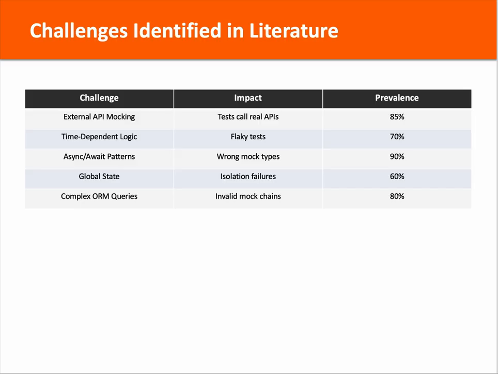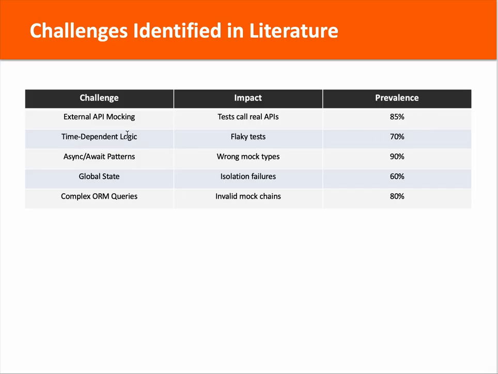The table you see here shows that the literature identifies specific challenges. External API mocking is the biggest issue. 85% of the functions that call the APIs get incorrect tests that try to call the real API.